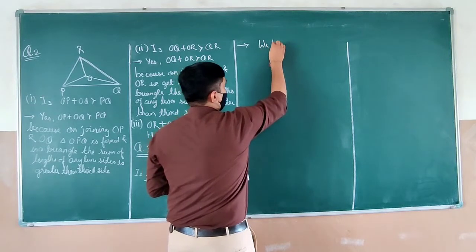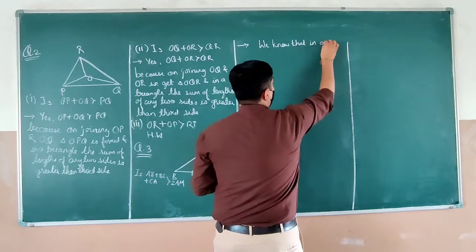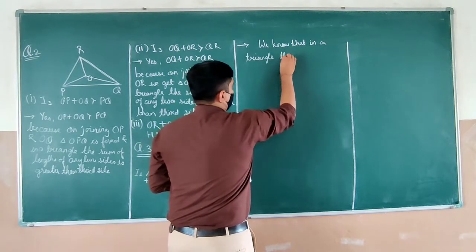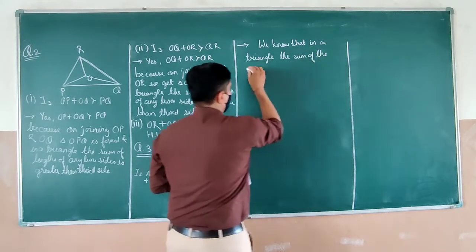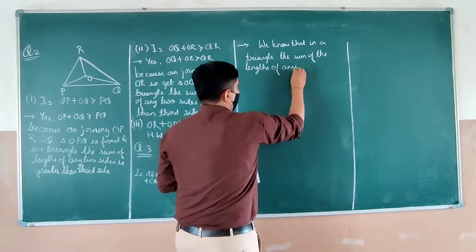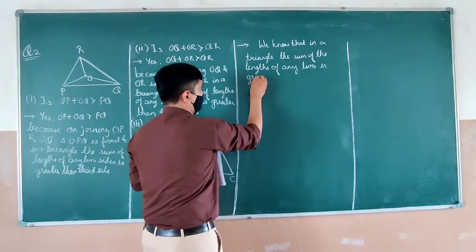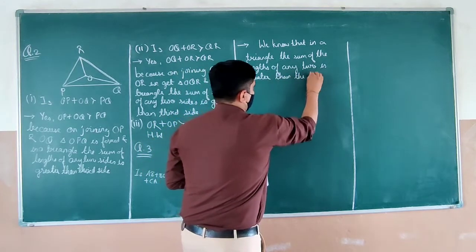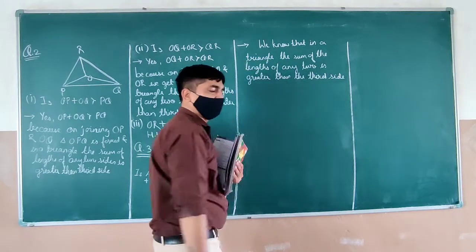We know that in a triangle, the sum of the lengths of any two sides is greater than the third side, right? This is the property of a triangle.